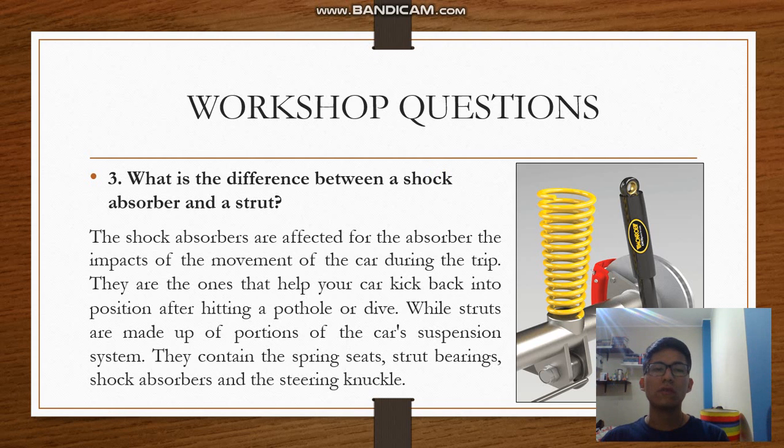They are the ones that help your car get back into position after hitting a puddle or dirt, while the struts are part of the position and the portions of the car's suspension system. They contain the spring seats, strut bearings, shock absorbers, and the steering column.